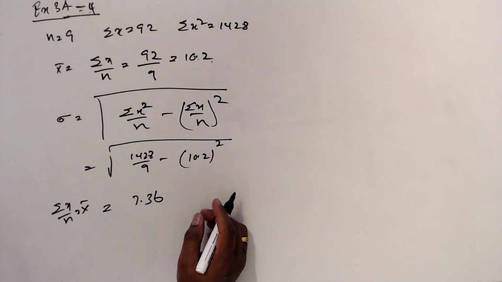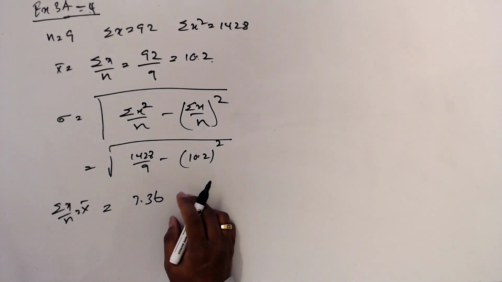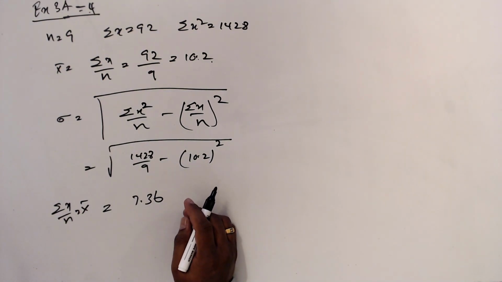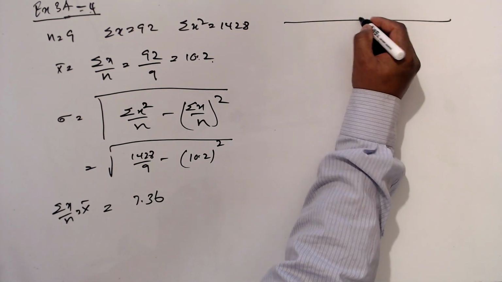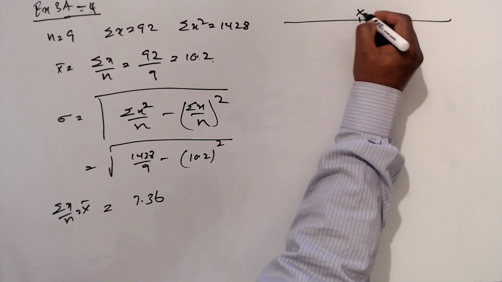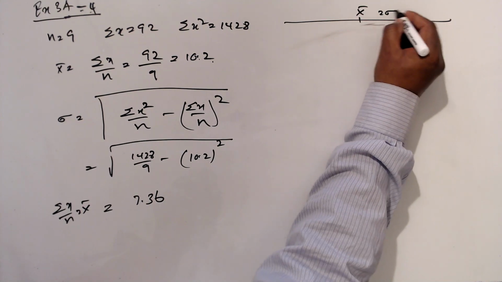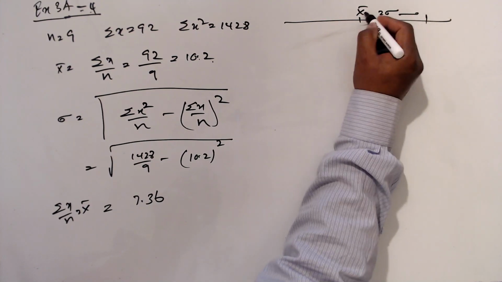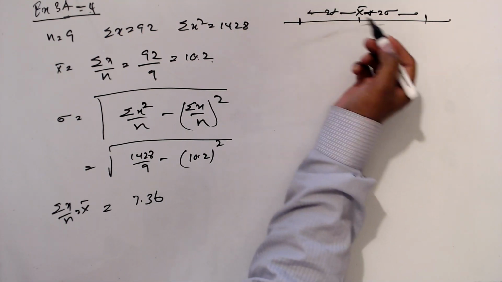An outlier observation lies plus or minus 2 standard deviations from the mean, and the data value given is 30. So we want to show that this is an outlier. So basically this is x bar, and they want values 2 sigmas above and 2 sigmas below this x bar.